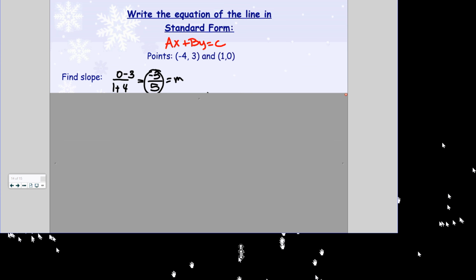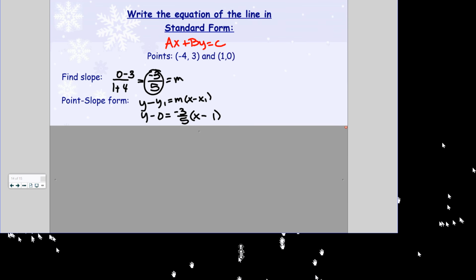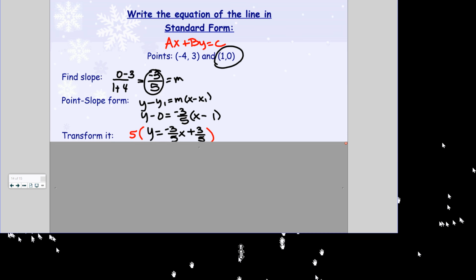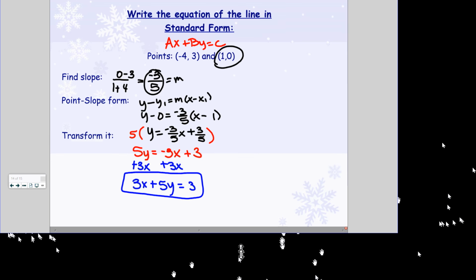Okay, slope between these points should have been -3/5. Filling into point slope form, I use the point (1, 0), again, using the one with smaller, easier numbers. Distribute first, and then we can't have fractions in standard form, making sure to get x and y on the same side with a's value positive.